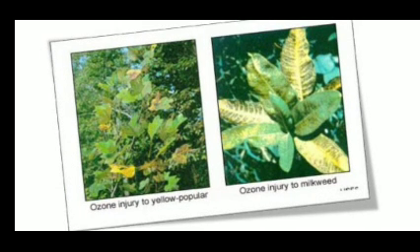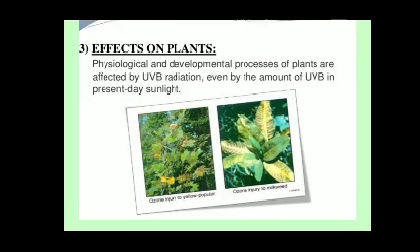See here, the photosynthesis decreases by the action of UV rays. See the first figure and second figure. The plants turn from green to yellow due to the action of UV rays. The UV rays directly impact the plant, and then photosynthesis decreases in plants.